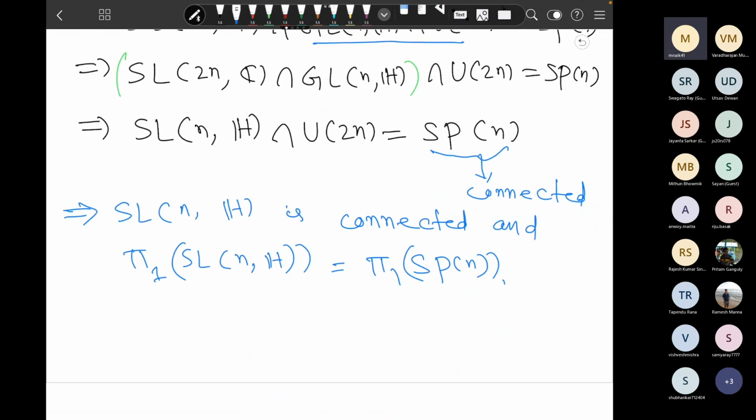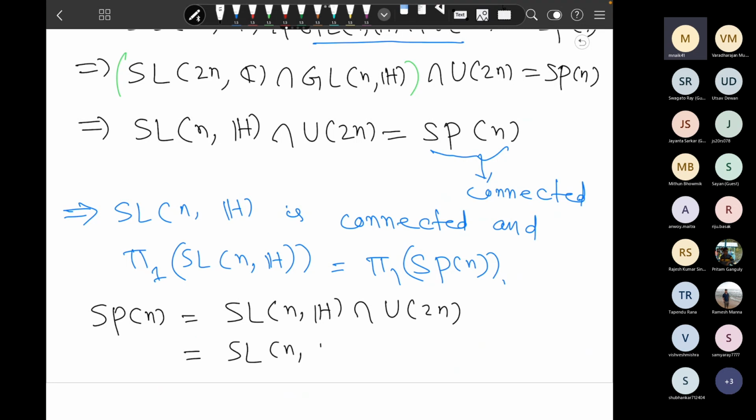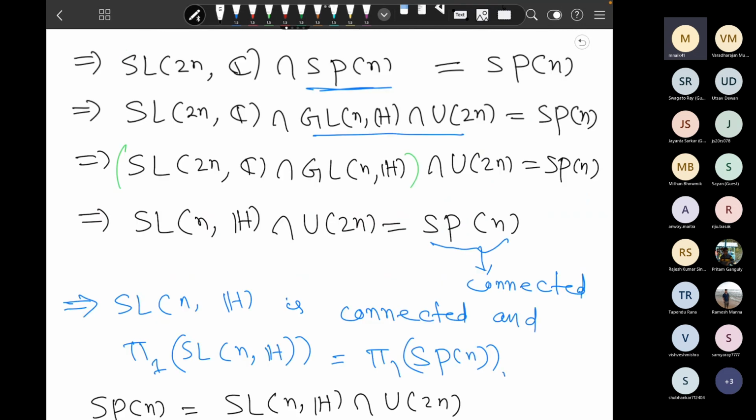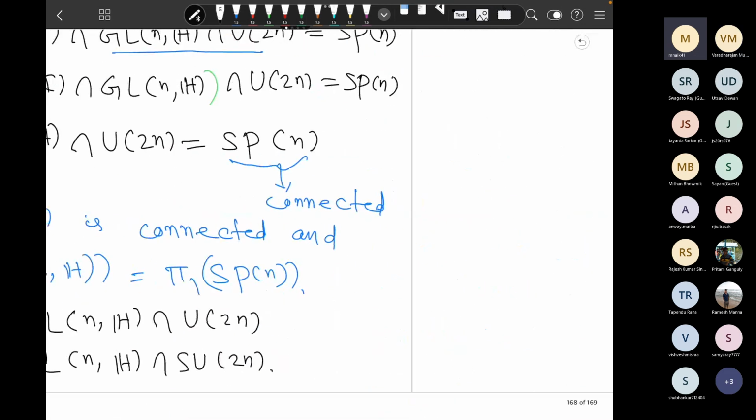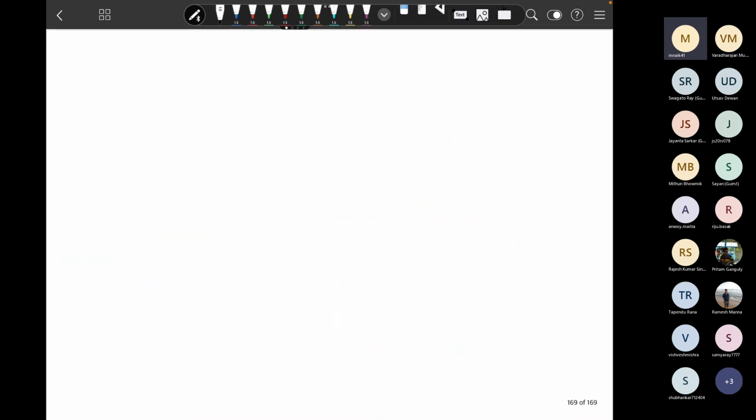For instance, SL(n,H) intersection U(2n) is the same thing as SL(n,H) intersection SU(2n). You can write various relations, but these are not that important. So we'll move to start something called Sp(p,q).